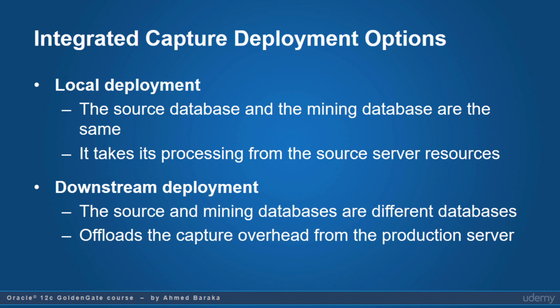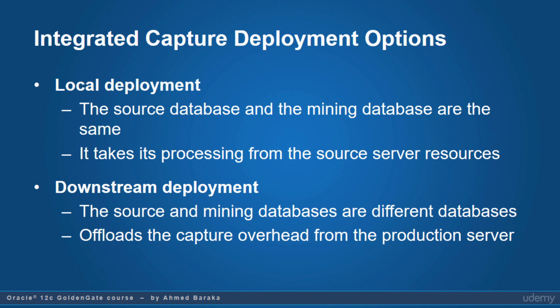When you want to deploy the integrated capture, you have two options. Either you deploy it locally on the same source database machine, or you can install it in a separate database, and this is called downstream deployment. With the local deployment, the source database and the mining database are the same. This deployment is easier to set up, but the integrated capture will consume from the source database resources.